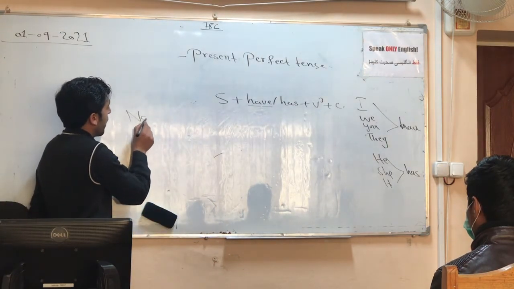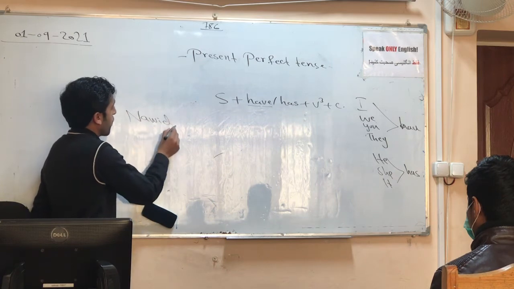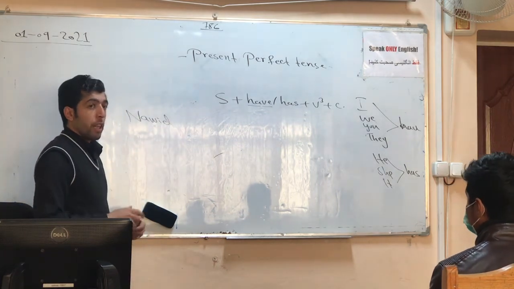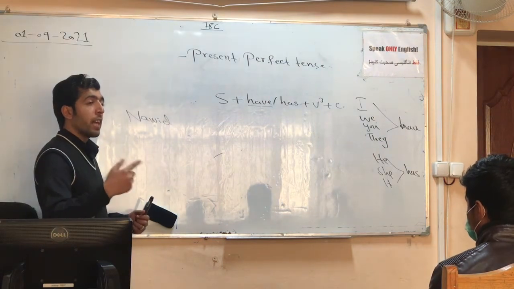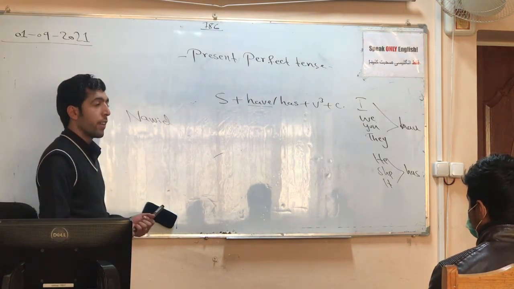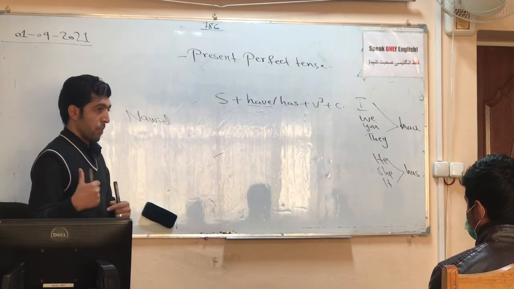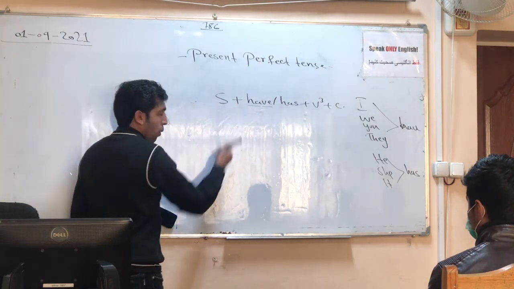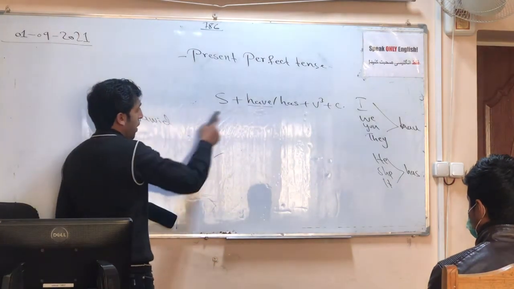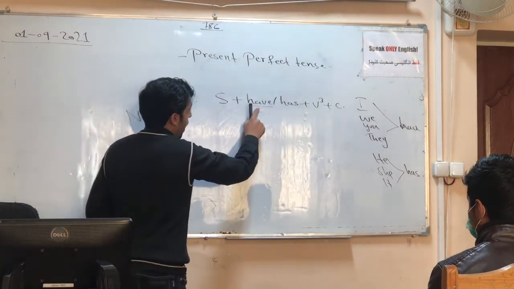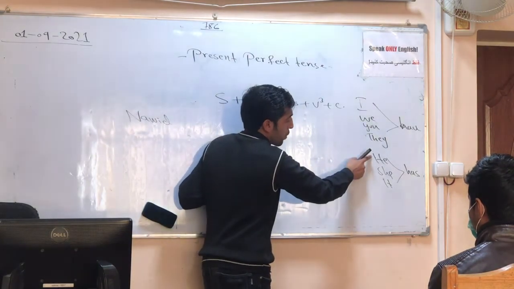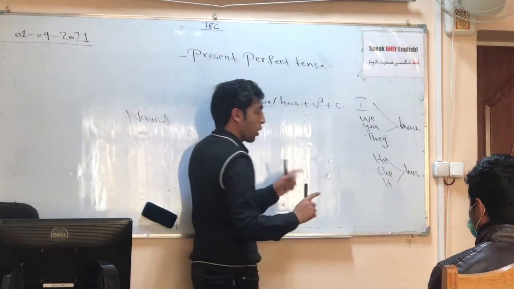So, when you want to make a sentence saying that Naveed has been somewhere, or Naveed did something in the past, Naveed is the subject. What do we write after the subject? Have or has. According to this usage, we use he, she, it, the singular, with has.